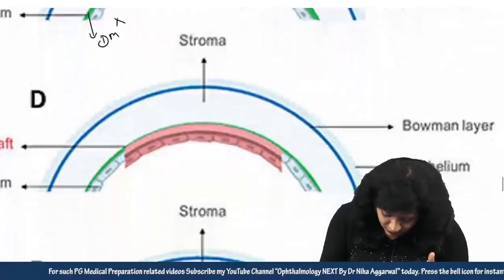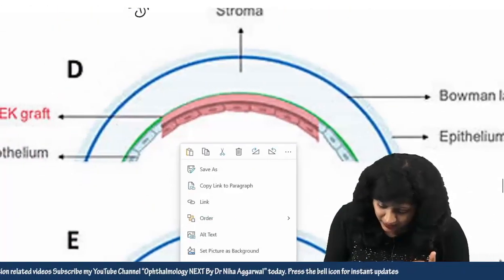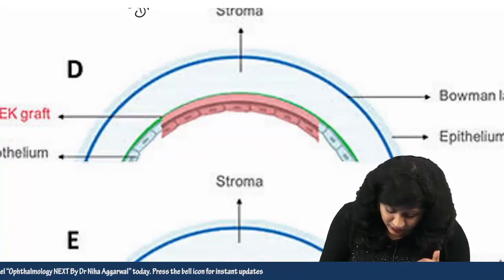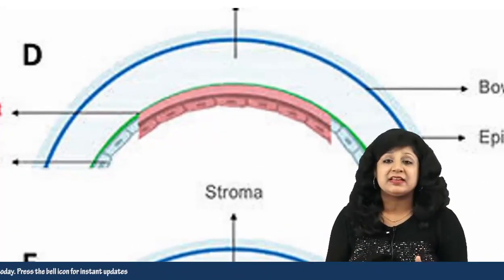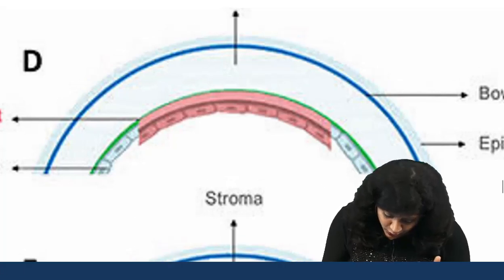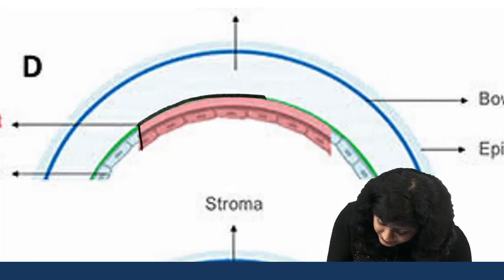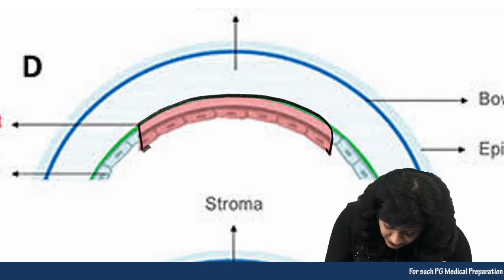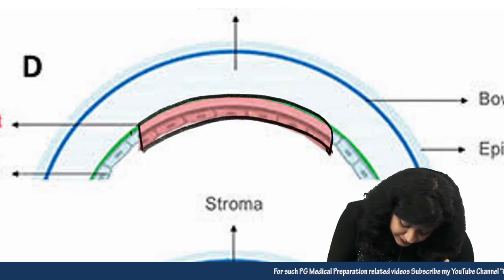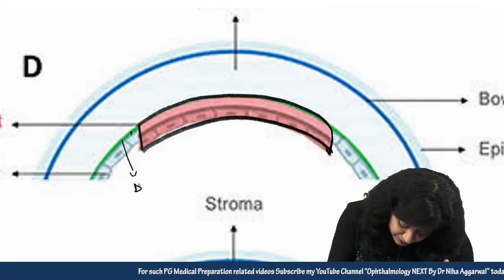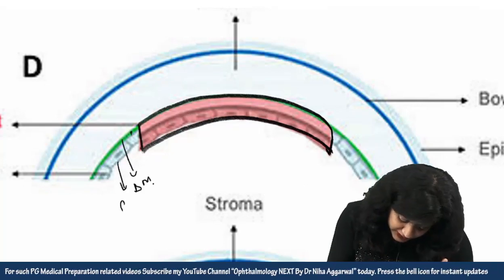Now coming to the other one. Okay, let's see this. Now let us try to see what are the things which are involved here. Can you see the graft here? This is involving what things? This is involving this green portion. This is your Descemet's membrane. It is involving this blue portion, endothelium.